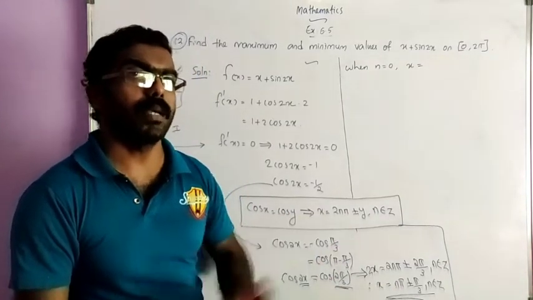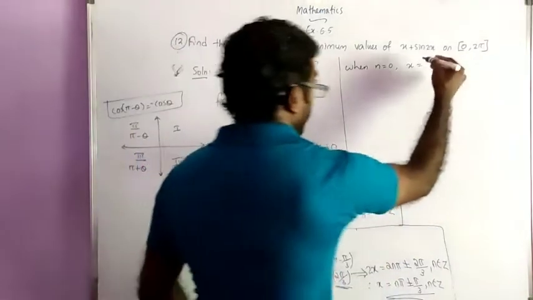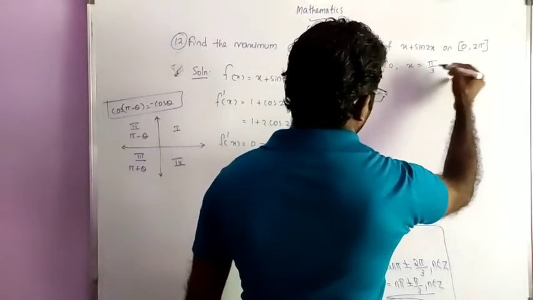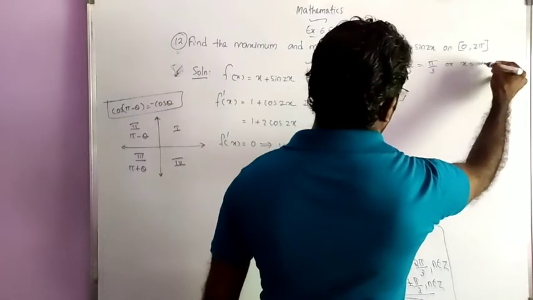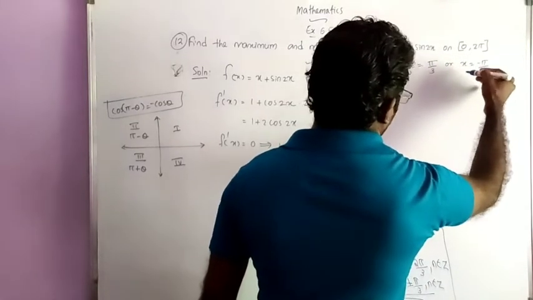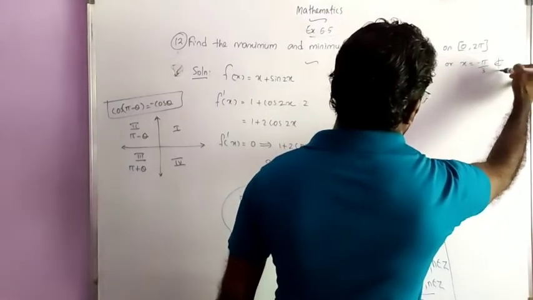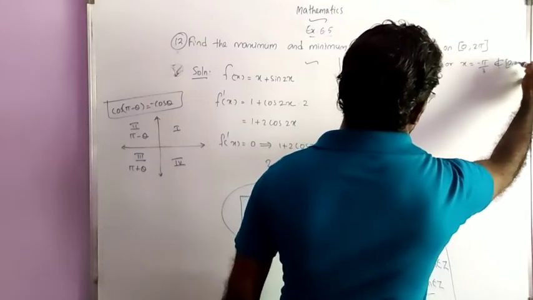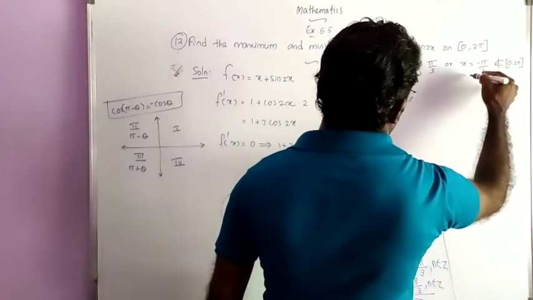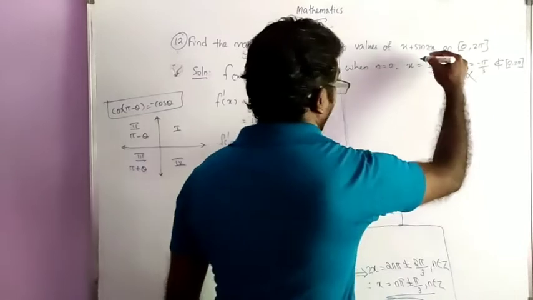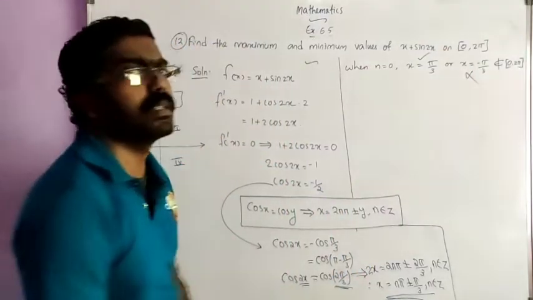That is x equal to pi by 3 or x equal to minus pi by 3. But x equal to minus pi by 3 doesn't belong to the closed interval 0 to 2 pi. So we reject this value and take x equal to pi by 3.